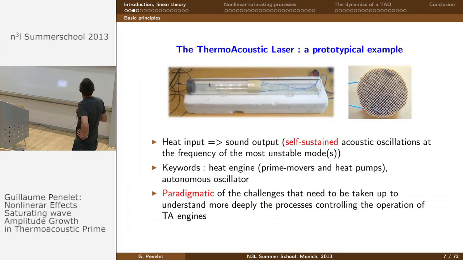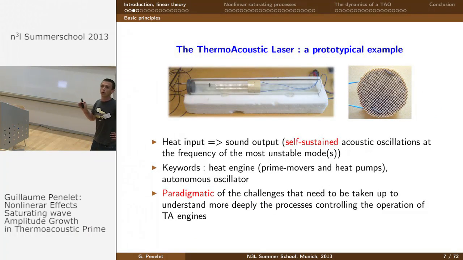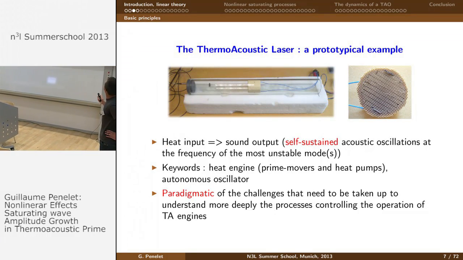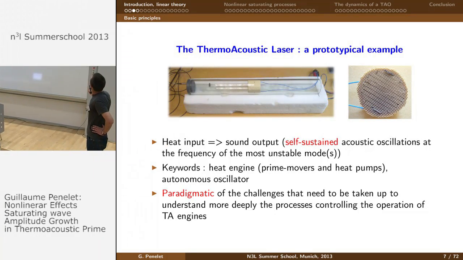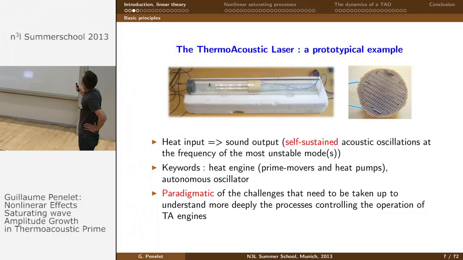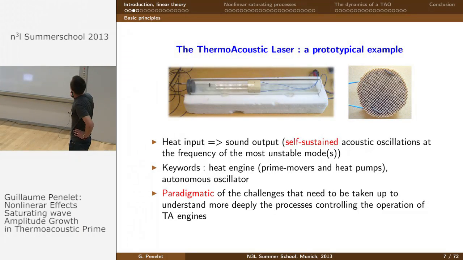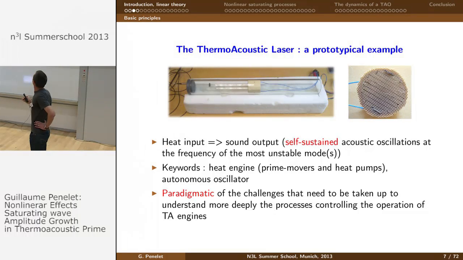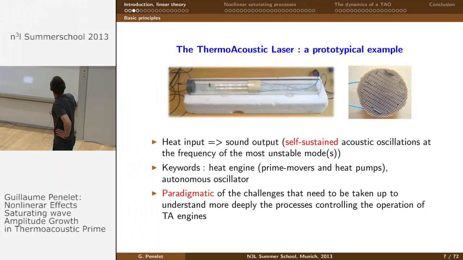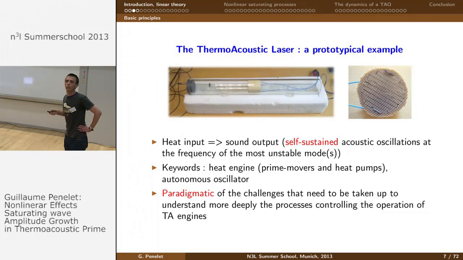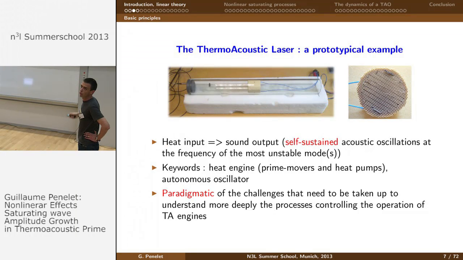So let's go to a picture of this so-called thermoacoustic laser. So this device basically consists of a duct, which is open at this end and closed by a rigid plug here. And inside this device, we place what we call a stack, which is an open cell porous material. And at this side of the stack, we coil an electrical heat resistance in order to impose a strong temperature gradient in that direction.